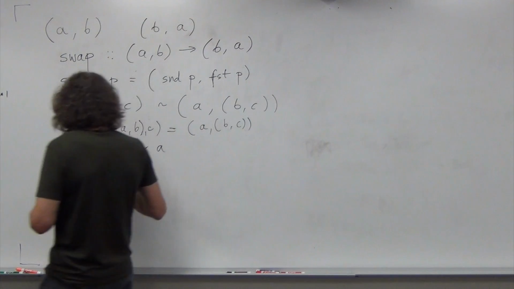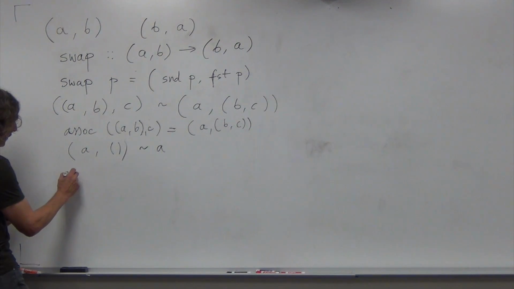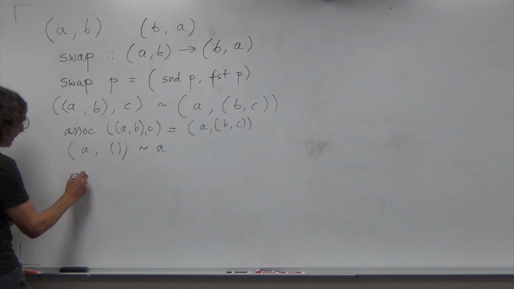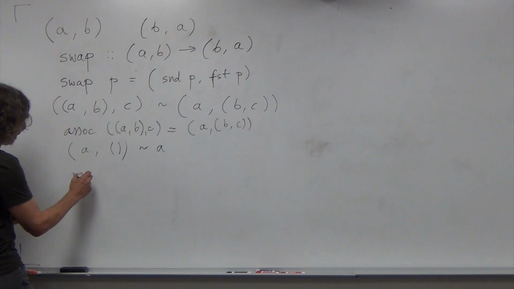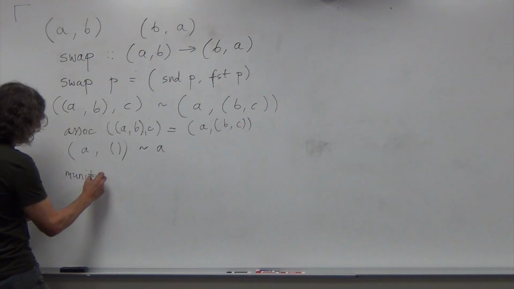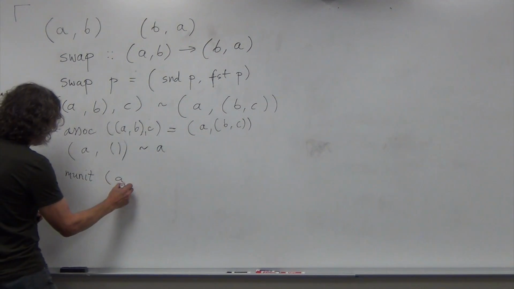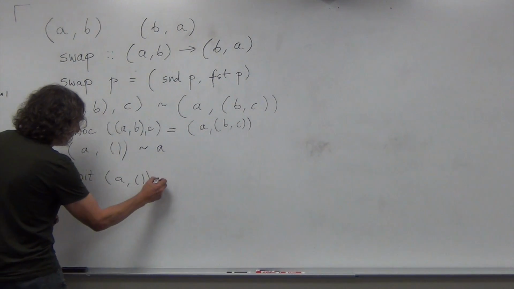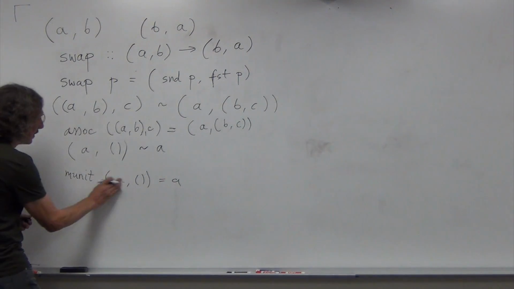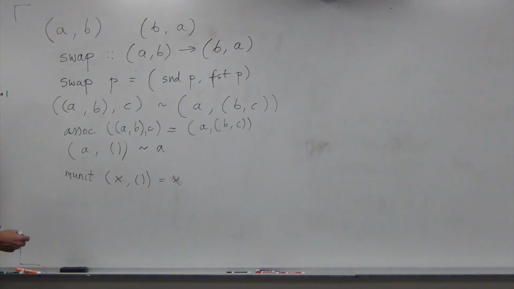So I can define this isomorphism on one hand, I will say M unit, let's say, okay? M unit takes an A and returns an A, okay? So I can put an X here, right? So I do pattern matching on this. And vice versa.